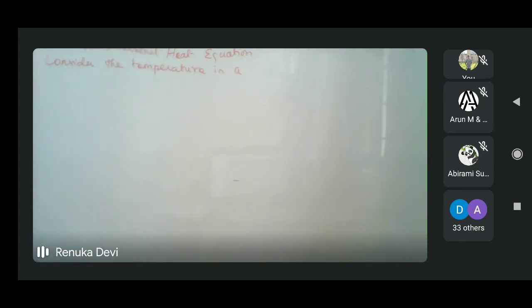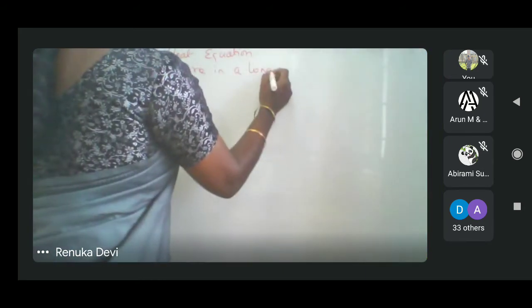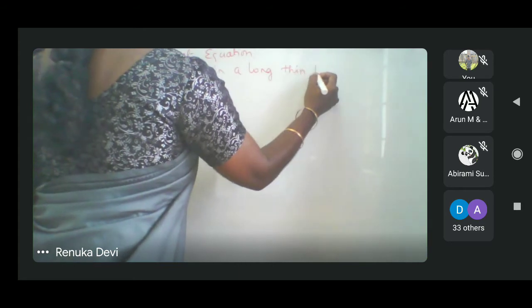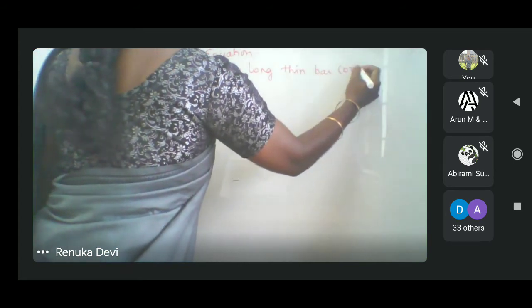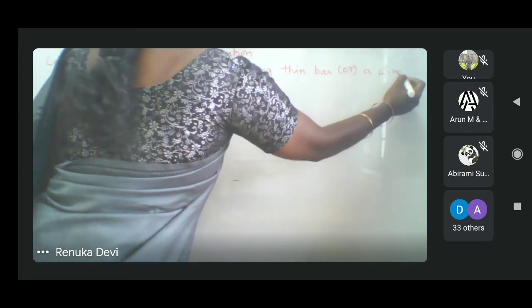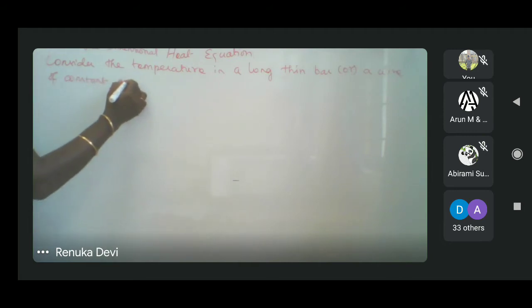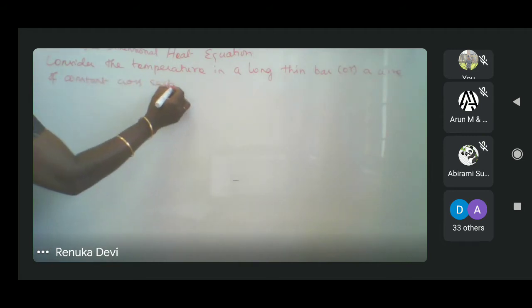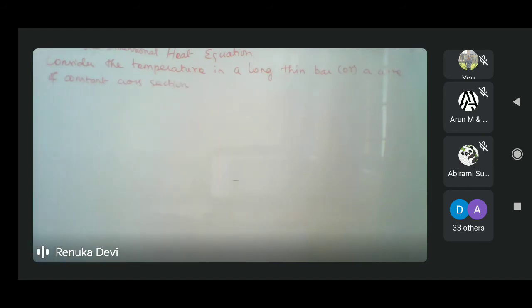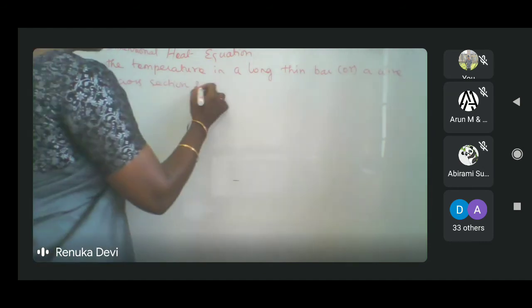Consider the temperature in a long thin bar or a wire of constant cross section and a homogeneous material.